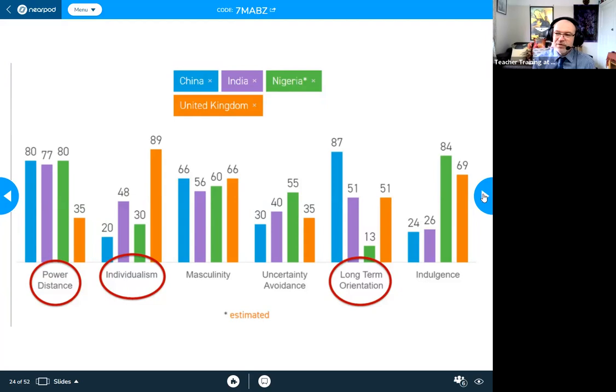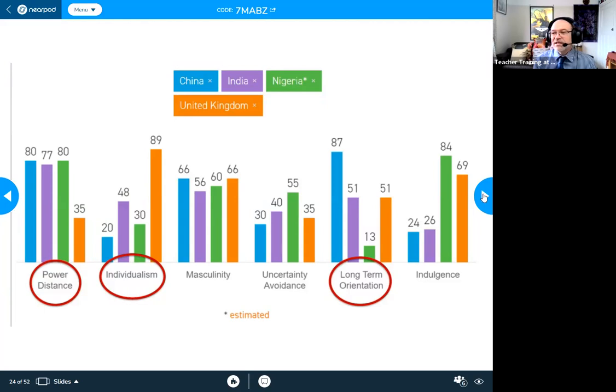And you can see between the countries we're looking at here that there's a huge distance between the UK and the Eastern countries, China, India, and Nigeria, where particularly with China, the good of the community far outweighs the importance of the individual. And that's sort of how cultures view things. Masculinity, there's not a huge difference across the four cultures.